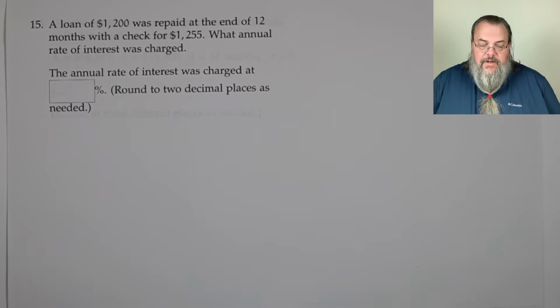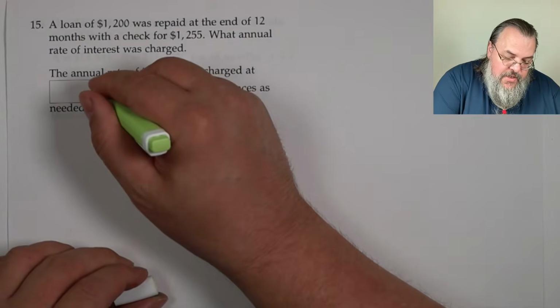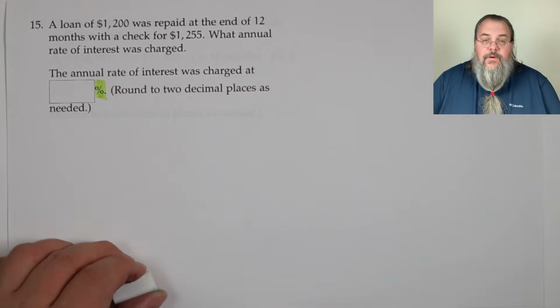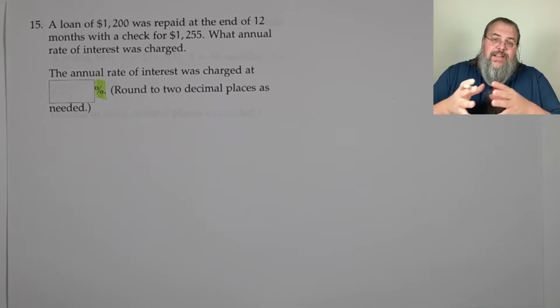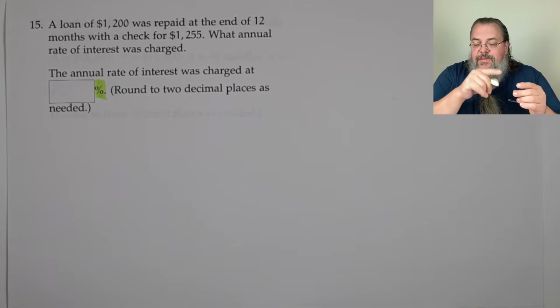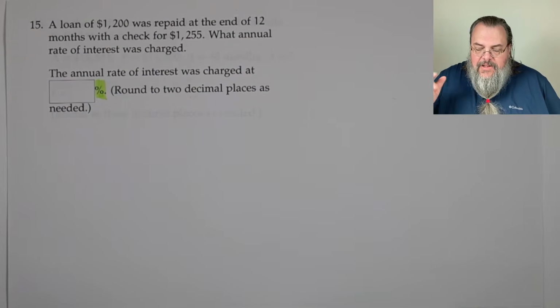Notice something here. They have marked percent. So we are going to make sure we convert to a percent. Because when we talk about rates, sometimes we say a percent, and sometimes we say move the decimal places. So we have to make sure we move the decimal places to the right location at the end of this question.